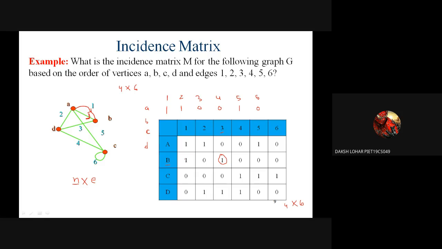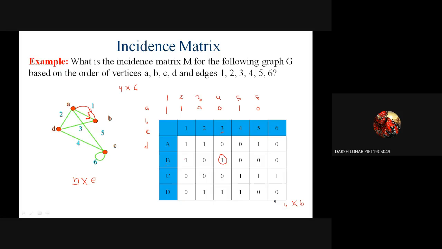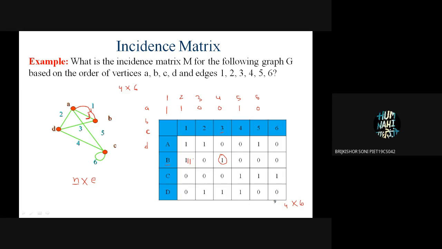Okay, suppose you are saying two 1s, three 1s would appear. Yes. Okay, actually I am not confirmed on that. I need to look at that once.